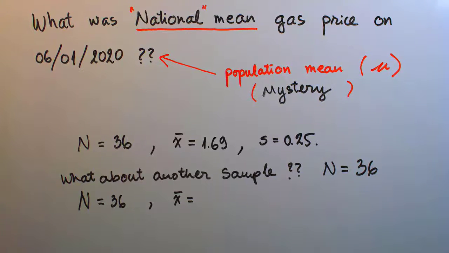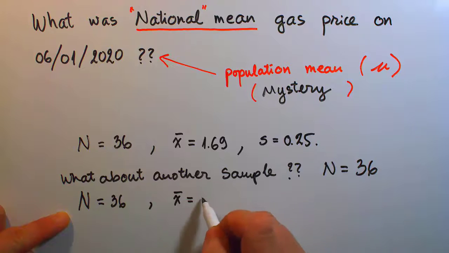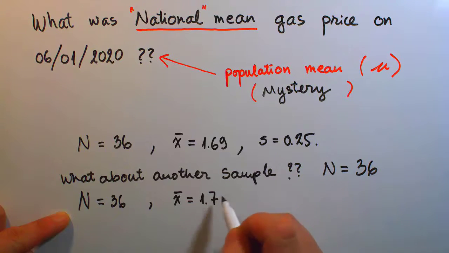Think about that as completely different data, or think about sending two different researchers out on the field to come back with two separate samples for you. This is one sample from one researcher, this is another sample from a different researcher. And this new sample has mean $1.72.